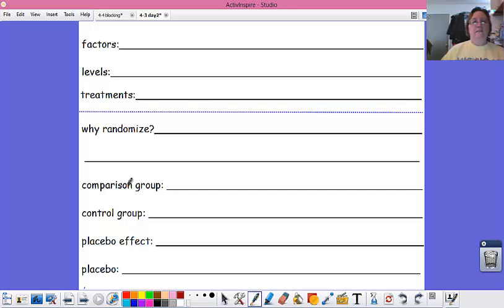Let's just take a few minutes and talk a little bit about the vocabulary. The factors in an experiment, those are the things that you think will influence your response variable.